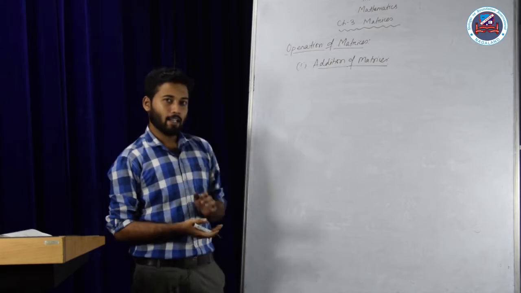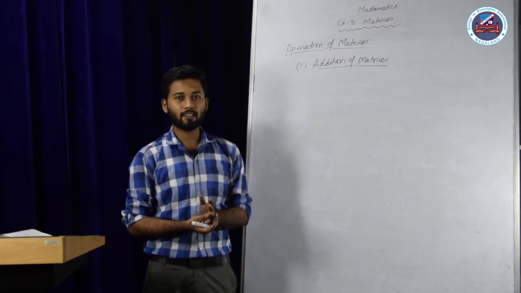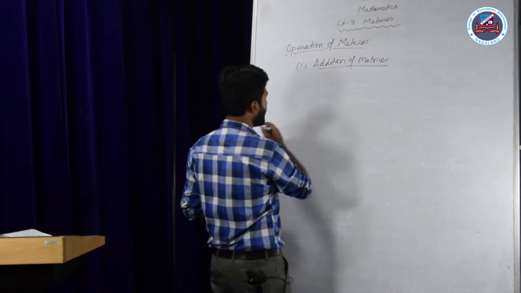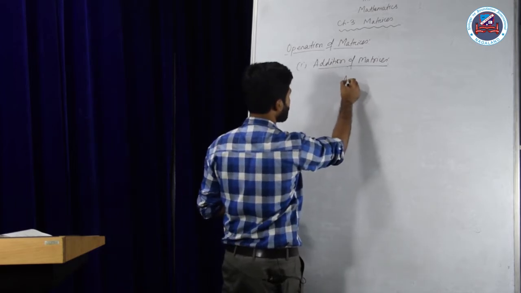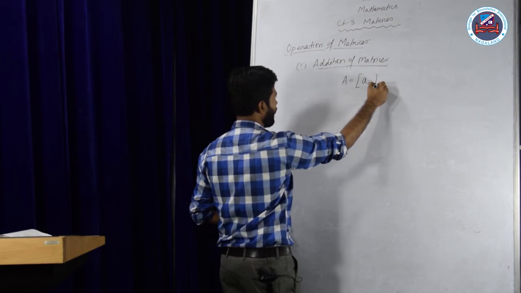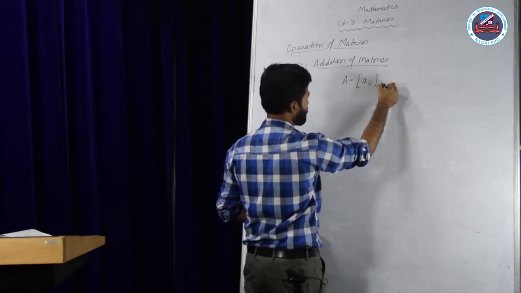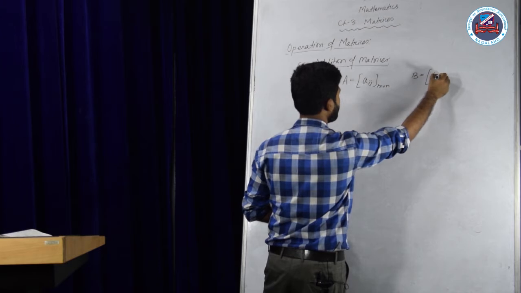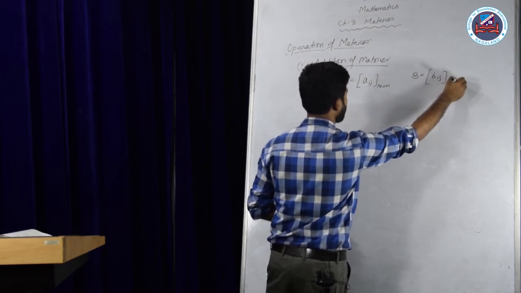So, as in the previous videos, I have discussed the properties of matrix. So, what does addition of matrices do? Suppose we have a matrix A that is given by Aij, and the order is m cross n, and we have a matrix B that is given by Bij, and the order is m cross n.